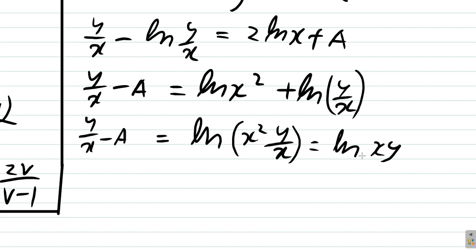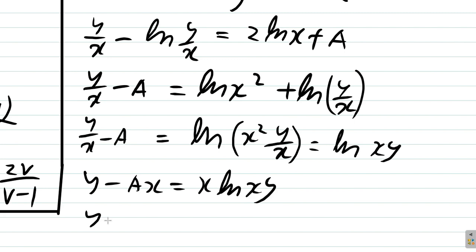Alright, so ln xy, what's a neat way we could put this now? If we multiply by x, we would have y minus ax equal x ln xy. Alright, this is what I have so far. So it's just a matter of neating it up a bit.